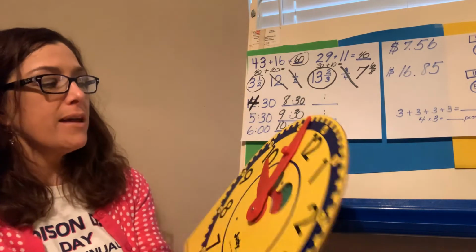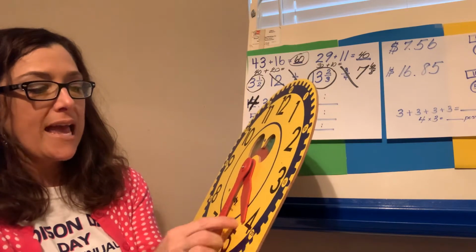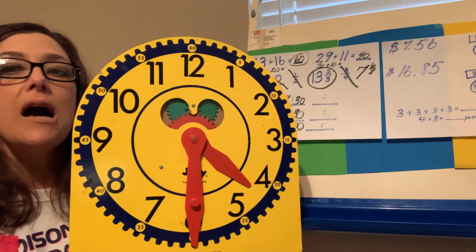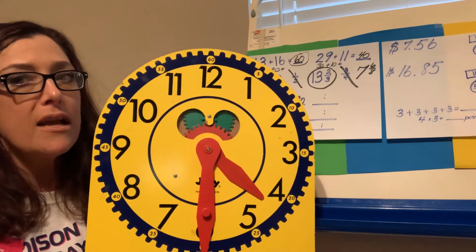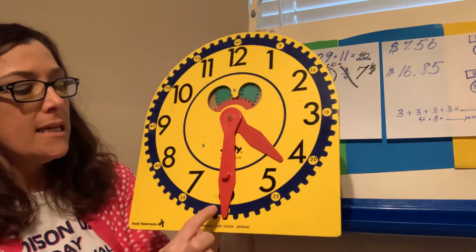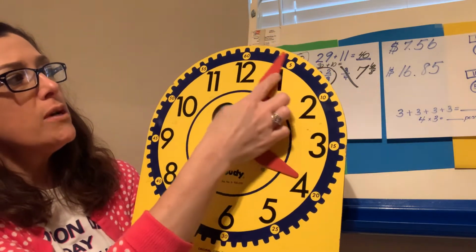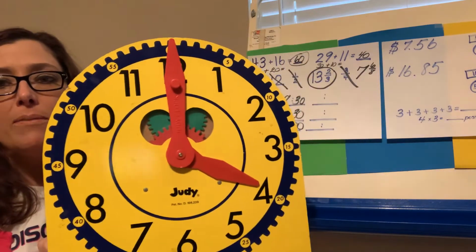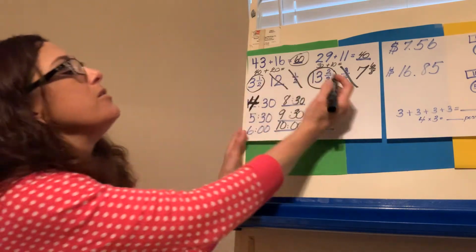So if you have a practice clock with hands, that's called an analog clock, set your clock to 4:30. Now just go backwards 30 minutes. So I'm going to go this way, 5, 10, 15, 20, 25, 30, and 30 minutes ago would be 4 o'clock. Okay, so look at how you would write that.